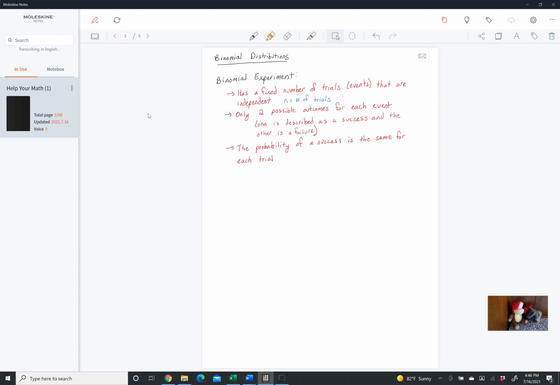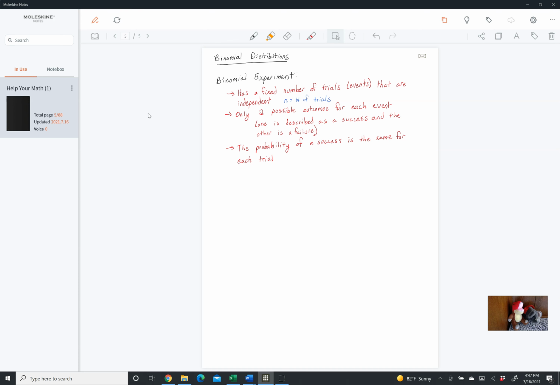That's not the case. What we are saying is that in each trial, the probability of the success is the same. So think about it this way. The probability that a baseball team wins a game is 0.8, 80% probability. If that's the case, then every time they play a game, it's the same probability. The probability of a success is always 0.8, and the probability of a failure would always be 0.2.